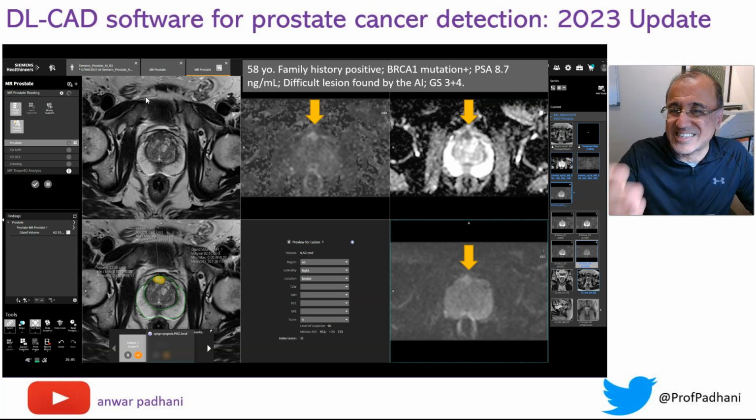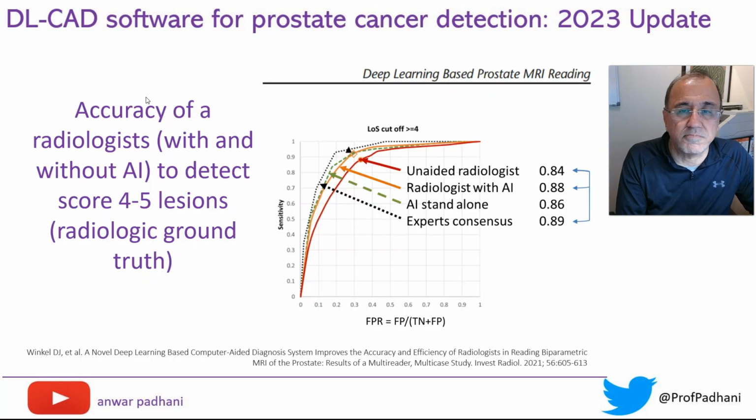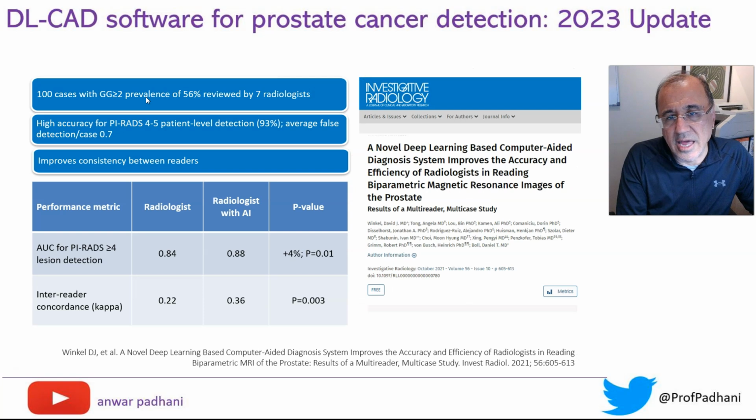So you can see how it's assisting a radiologist and focusing his attention. And if you look at this particular software, you'll see that the accuracy of a radiologist to detect PIRADS 4 and 5 lesions, in fact, improves with the use of an AI. So this quite nicely shows the assistive element of an AI.